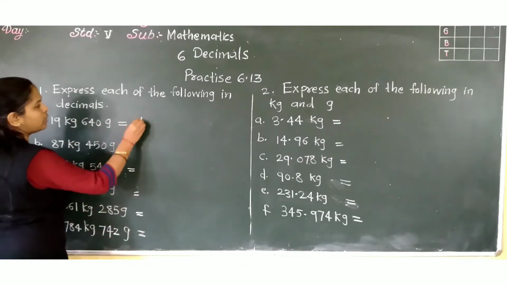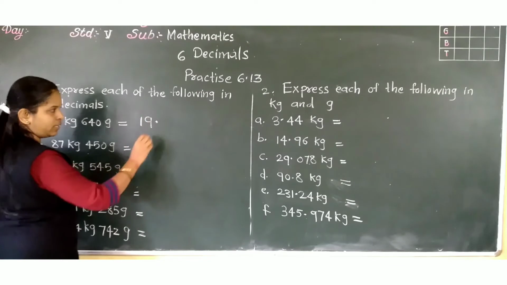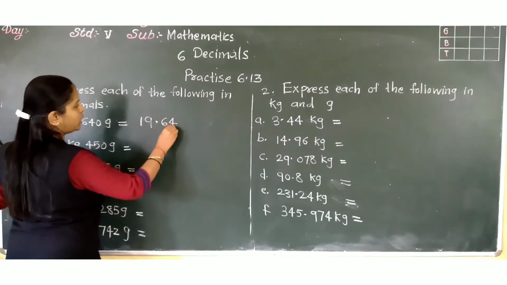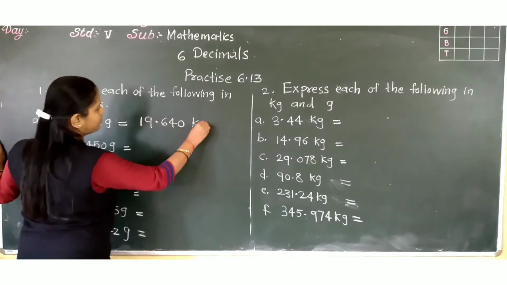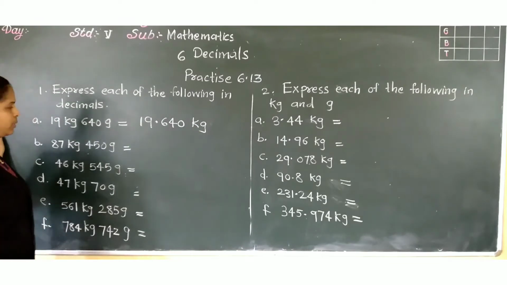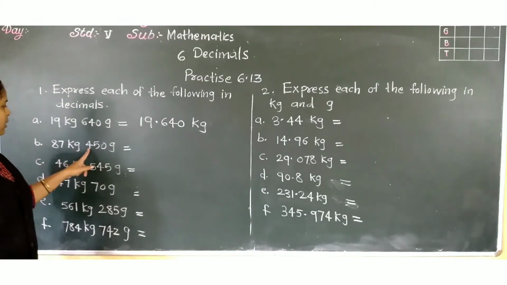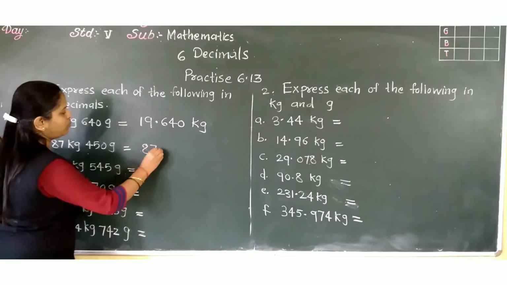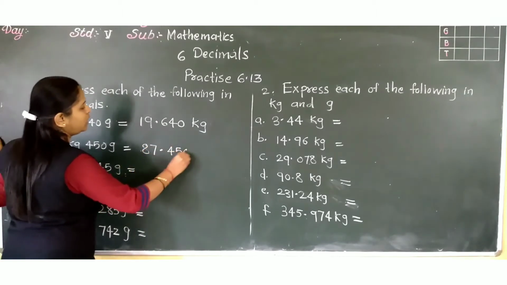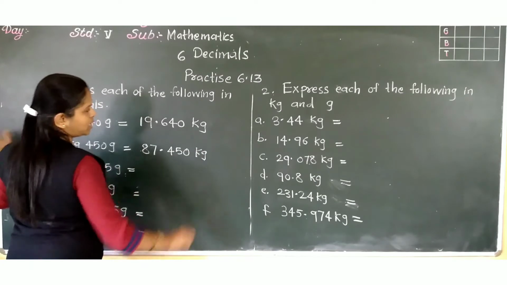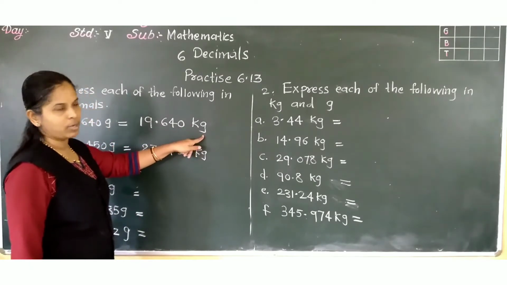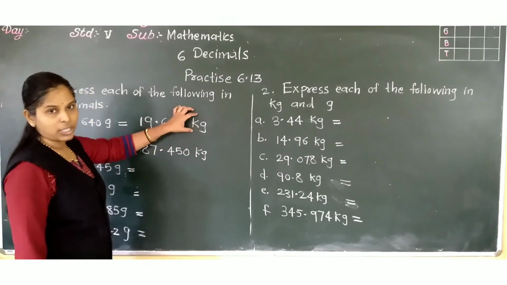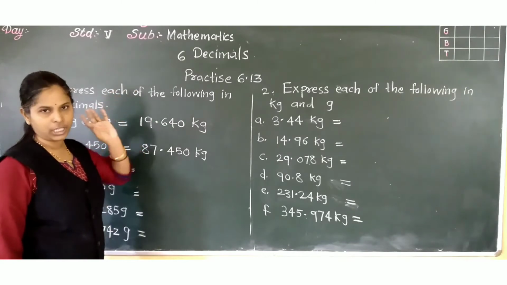How to write? 19.640 kg. Then 87 kg and 450 grams. That is 87.450 kg, kilograms. Kg means kilograms.